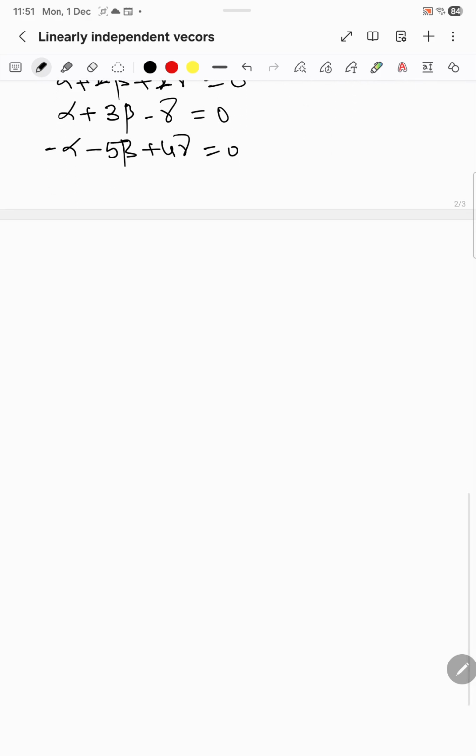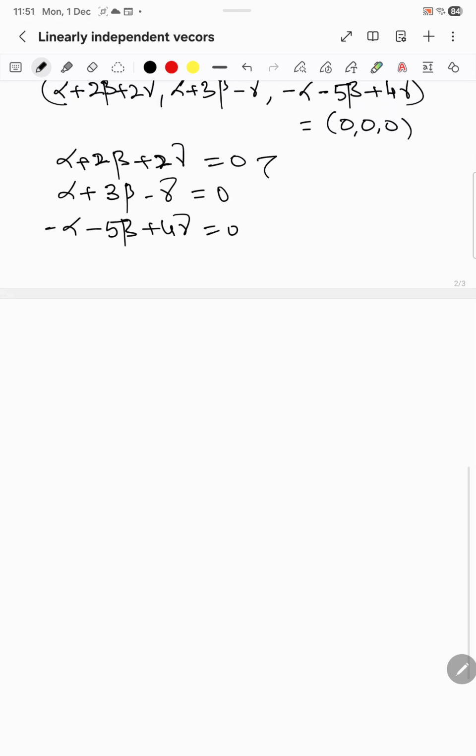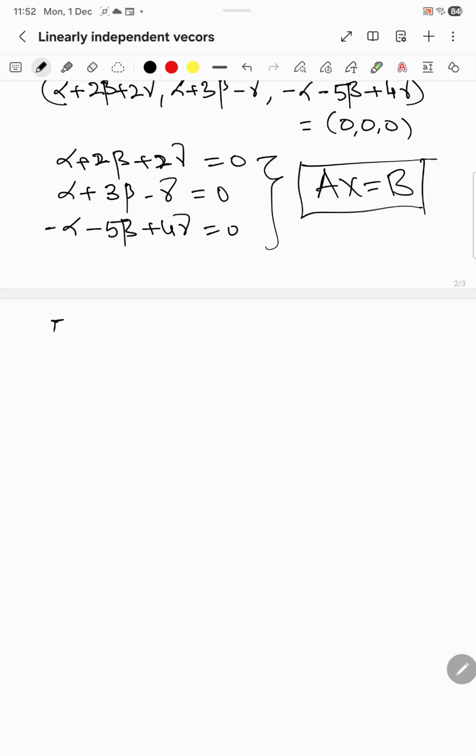Now if we write this system in matrix notation as Ax is equal to B, we obtain the matrix with rows 1 2 2, 1 3 -1, and -1 -5 4.